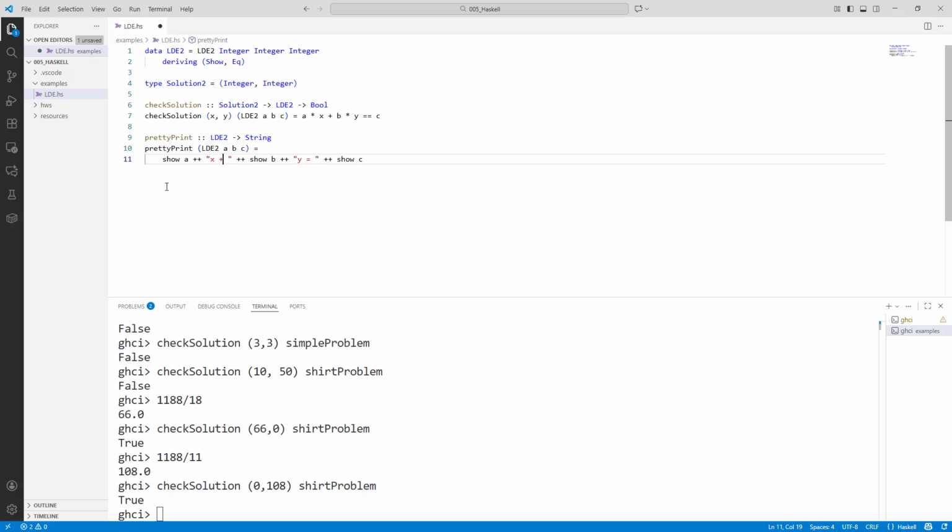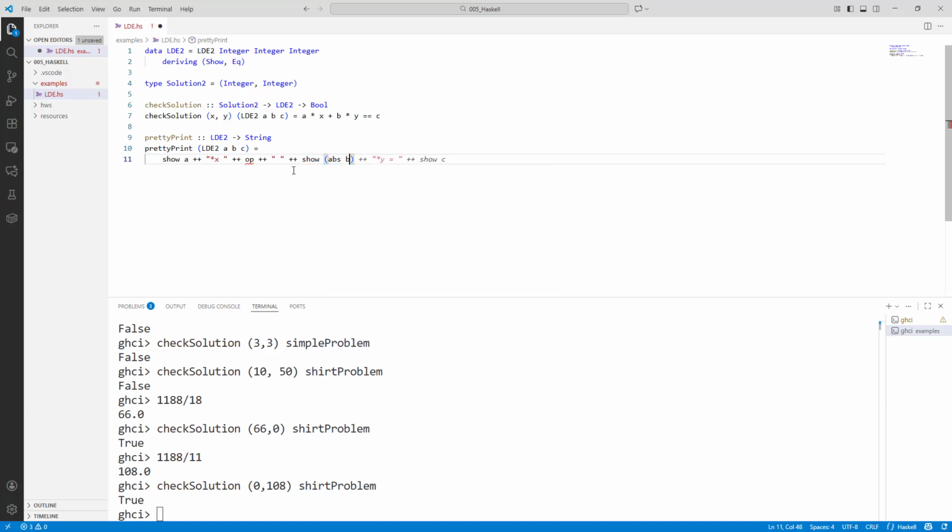So show A ++ x, or it would be something like this, times x, yeah, plus, actually it should be something like this, plus OP plus space. You're probably thinking, what is this OP? I'll explain later. Plus show.